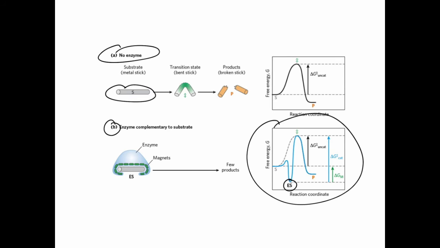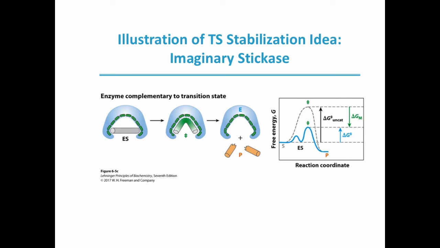The enzyme-substrate complex is so low in energy that it essentially forms this well, and then everything gets funneled there and can't overcome this huge barrier to get to product. So such an enzyme would actually impede the reaction, stabilizing the substrate instead. The ideal situation is where the enzyme is not complementary to the substrate, but to the transition state.